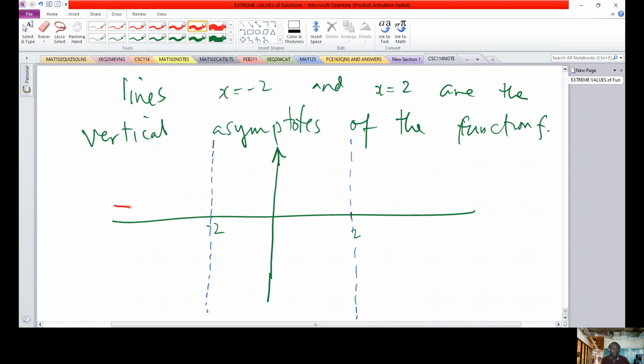It's concave up. And then from 2 to +infinity is also concave up, so this will also be the trend. And then from -2 to 2 is concave down. Not touching 0.